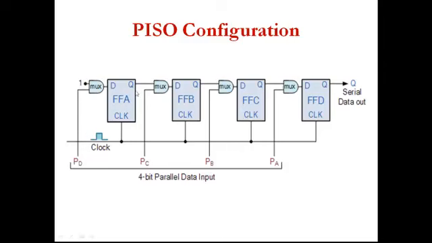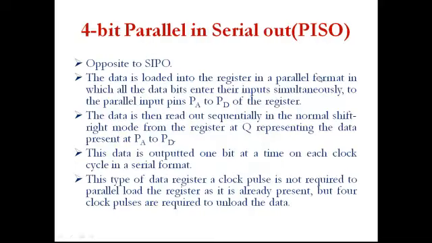At a time we are loading the input, and for every clock pulse what will happen: the first input will be given as an input to the second flip-flop, and this will be given as an input to the third flip-flop, and this will be given as an input to the fourth flip-flop. So here you see the operation.